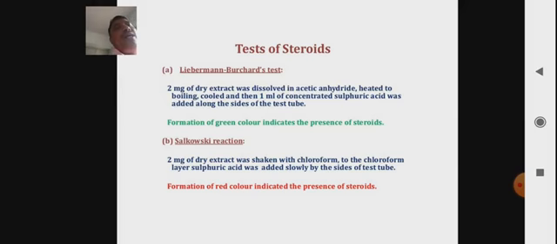Formation of a green color indicates the presence of steroids. In the Salkowski reaction, plant extracts are dissolved in chloroform, then sulfuric acid is added along the side of the test tube. Formation of a red or brown color indicates the presence of steroids.